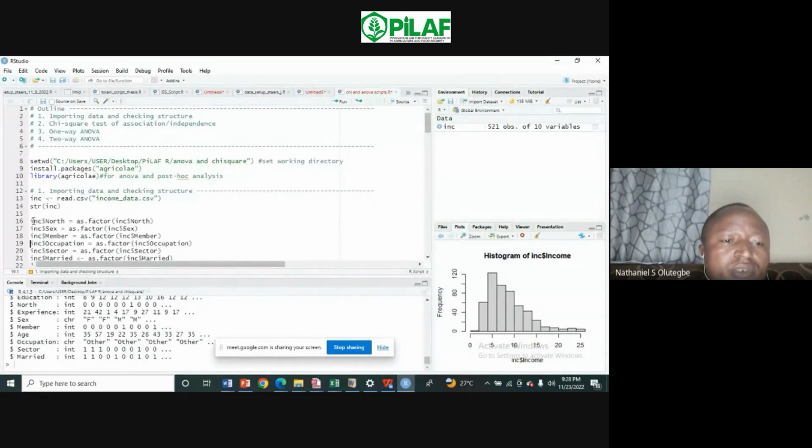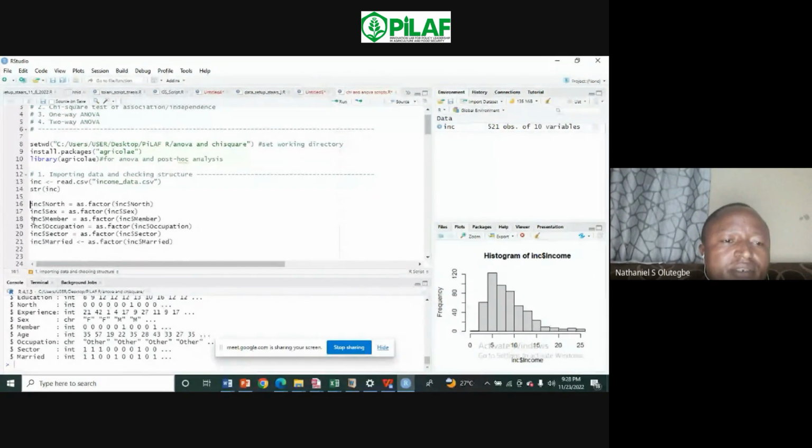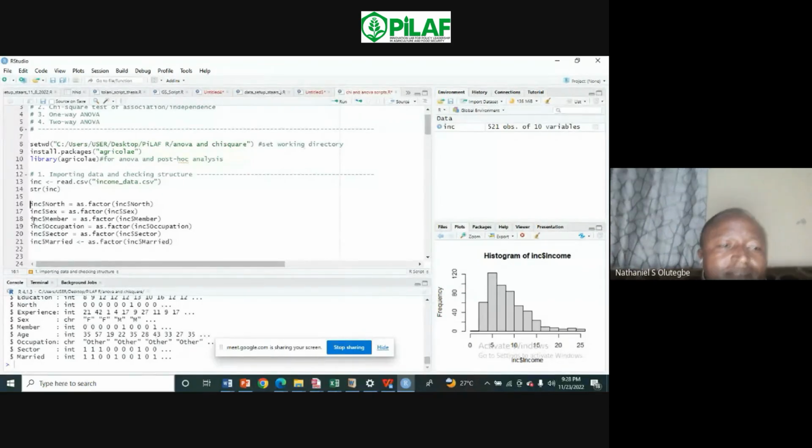So what I have done here is select some variables of interest in categorical form and convert them from whichever format they are into factor. This has been done before now. So income dollar sign not is converted to factor using as.factor.